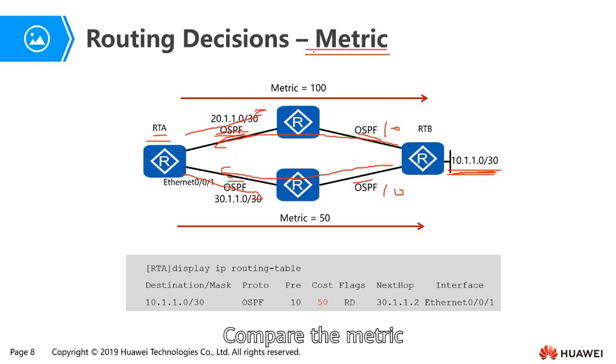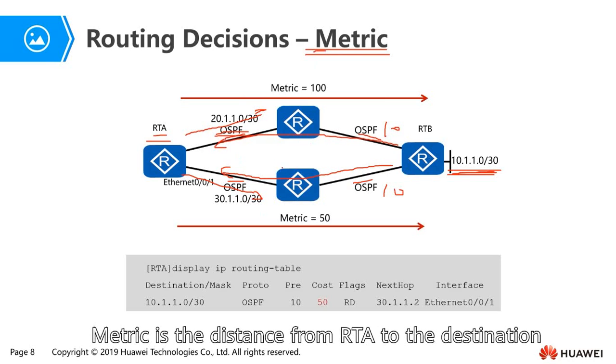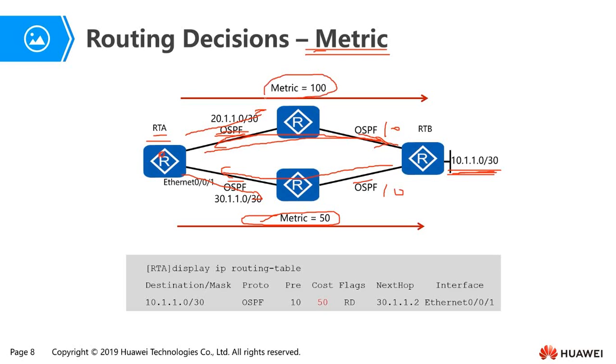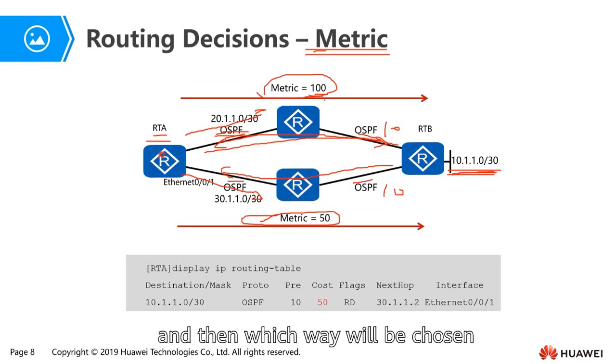So which one will I choose? Compare the metric. The metric is just the distance from router A to the destination. Following this way, the distance may be 50, and from this way, the distance is 100. Which one will I choose?